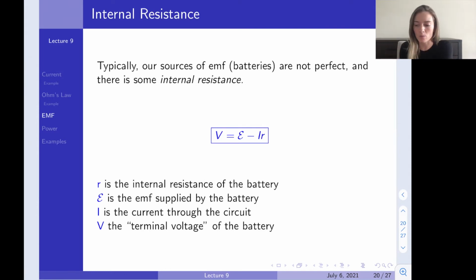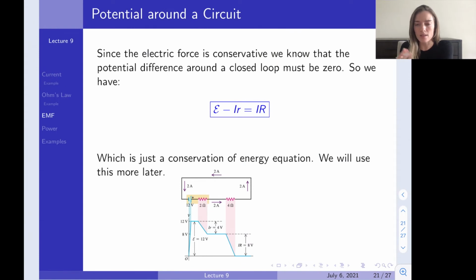So let's look at this a little more carefully now. We said that the electric force is conservative when we have a static electric field. In this case, we do. Even though the charges are moving, the electric field is static. It's just some constant value. So we know that the potential difference around a closed loop in a complete circuit must be zero because the force is conservative.